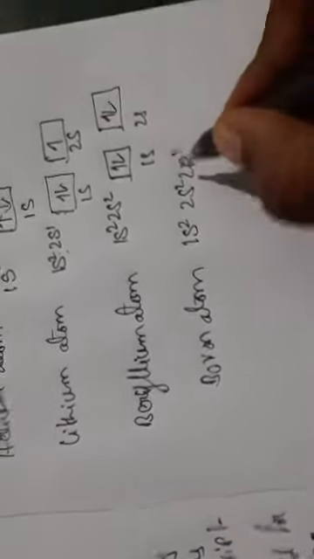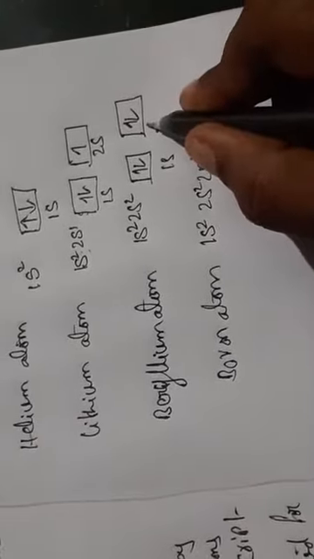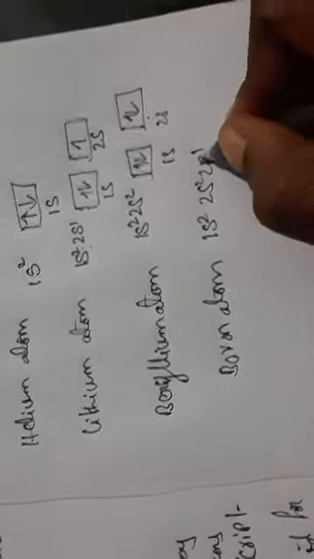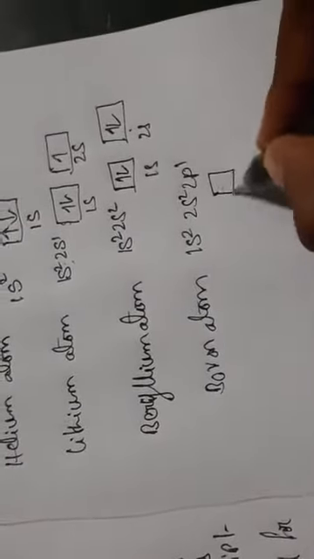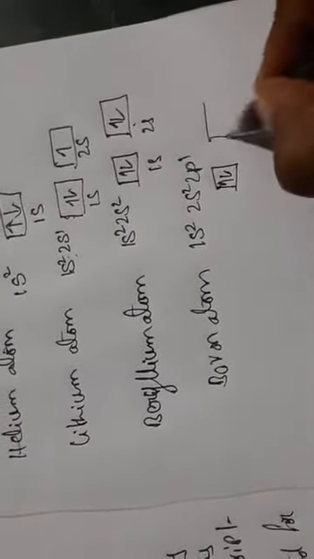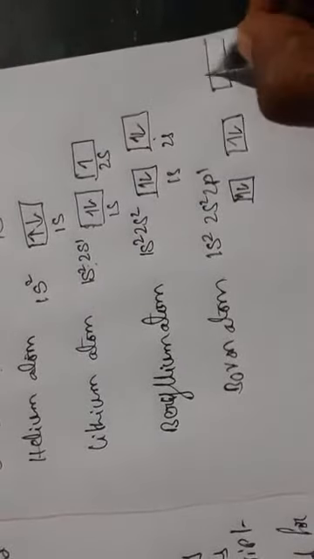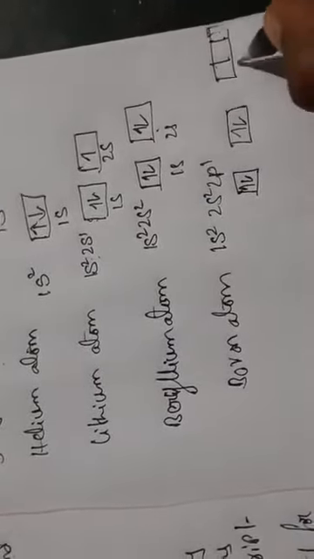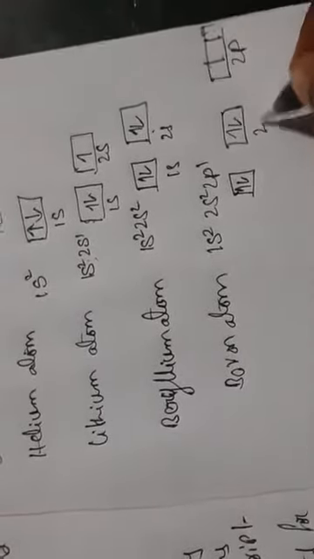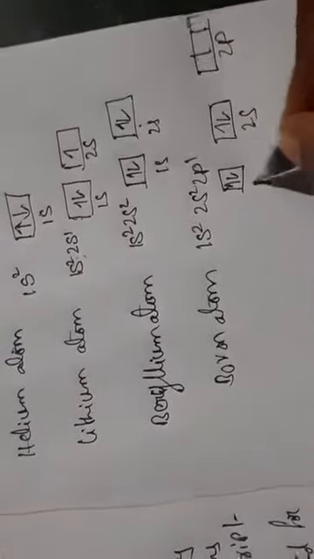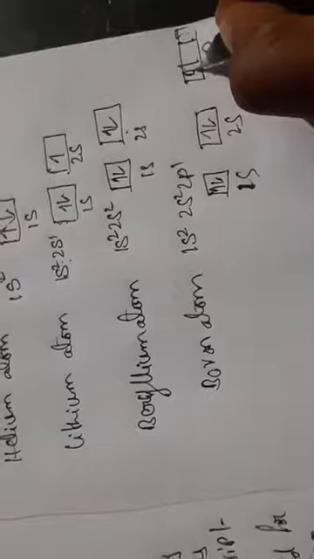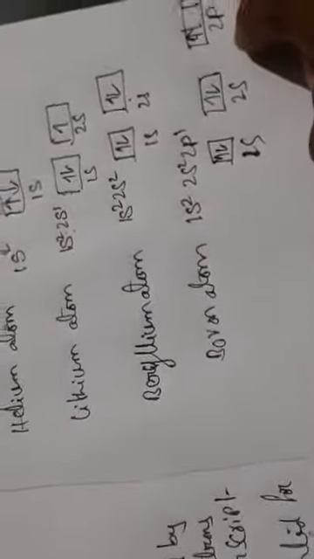Here pairing of electrons has taken place, so the next electron goes into the next subshell according to Pauli's exclusion principle. How many orbitals will the p subshell contain? 3, that is px, py, pz. So this is the division of the subshell. Like this we have to write.